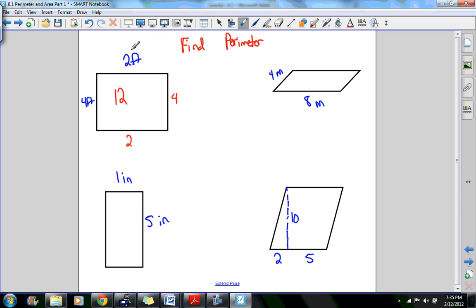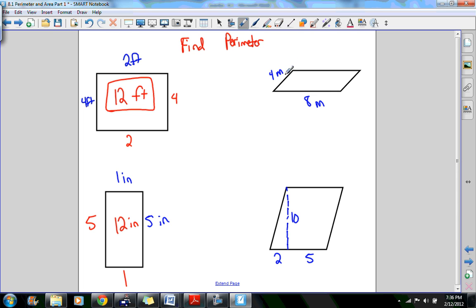But because we had a label when we started the problem, our problem has to finish with the label of 12 feet. Okay, so let's go down here. Once again, same thing. That's a 1, and that has to be a 5. 5 plus 5 is 10. 1 plus 1 is 2. So our answer is 12, and this time it'll be inches.